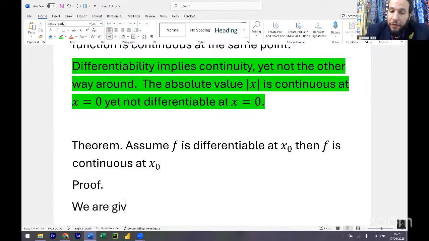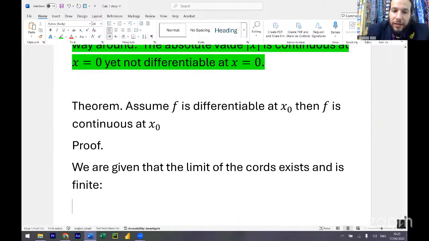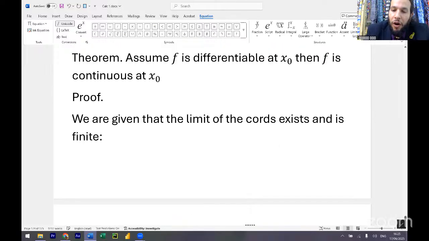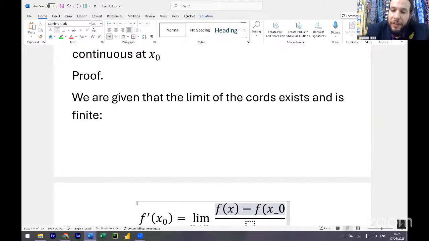We are given that the limit of the chords exists and is finite, meaning the derivative at x0 is the limit as x goes to x0 of f of x minus f of x0 over x minus x0.